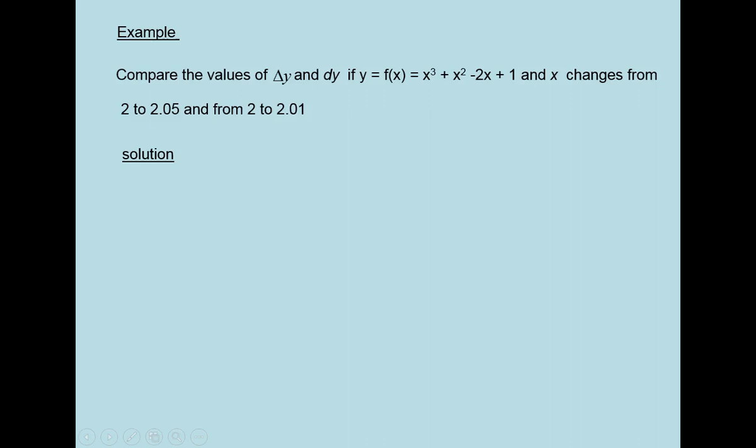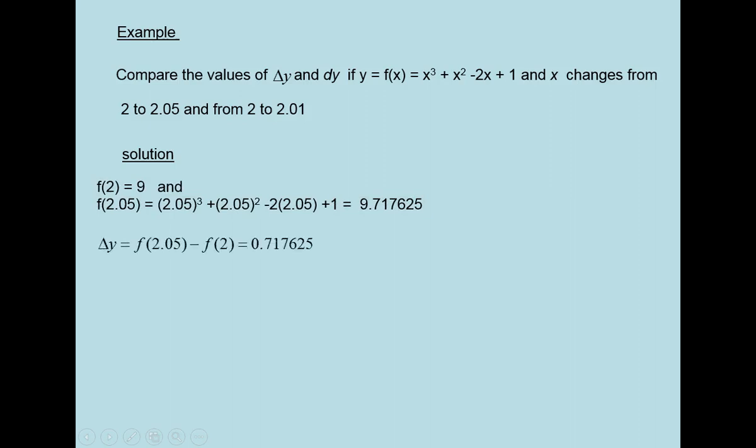We can do that actual calculation by plugging in the value of 2 to the function and plugging in the value of 2.05. So we would take f of 2.05 minus f of 2 to actually get the change in our y value. So finding those values, we're plugging in 2 and 2.05 to the function, and then we're going to subtract them, and we get 0.717625. That's the actual change in the y value.